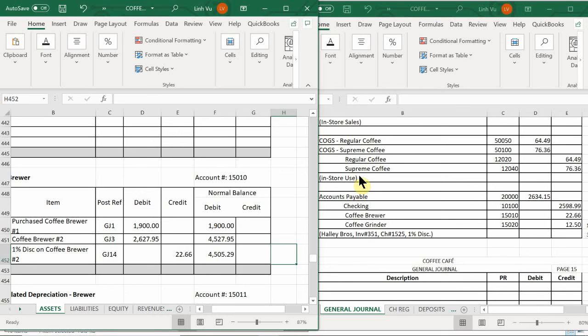So I'm going to have you guys calculate 2 separate depreciations for these 2 coffee brewers when we reach the end of the month, when we actually do our adjustments. So in this case, I'm going to make a note on the side just so that I know how much my coffee brewer number 2 is, okay?